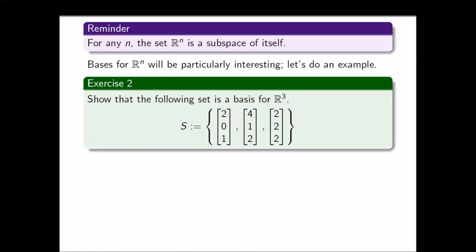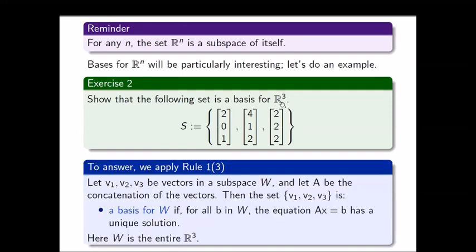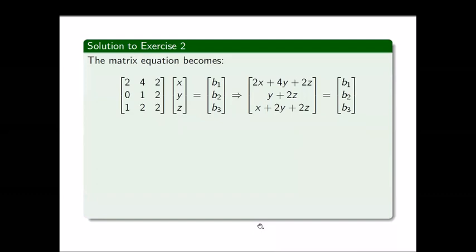We are given a subspace which happens to be R3, and we're given a set S with three vectors in it, and we have to show that this set S is a basis for R3. So like before, we have to show that for every vector b in W, which happens to be R3, the equation Ax equal to b has a unique solution. So let's begin.